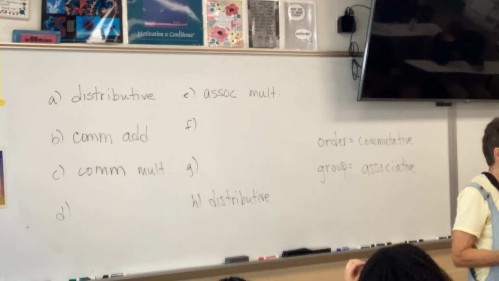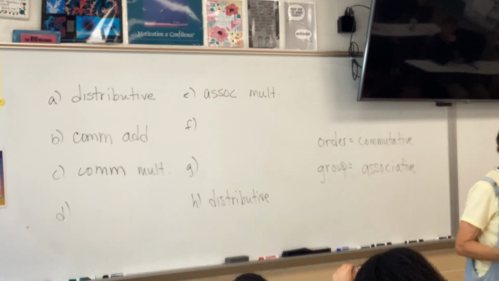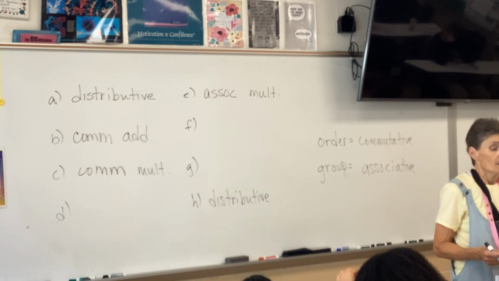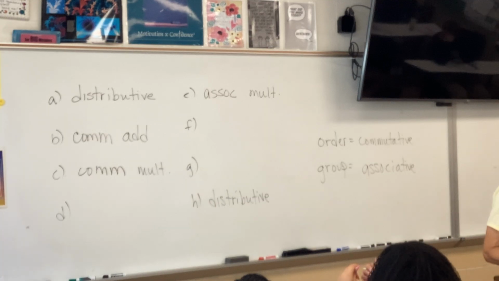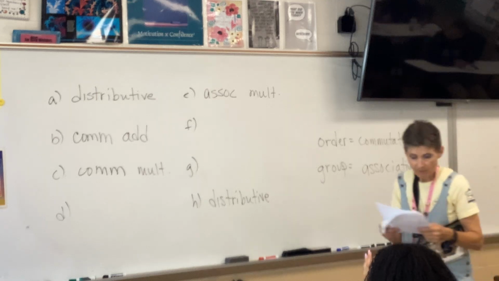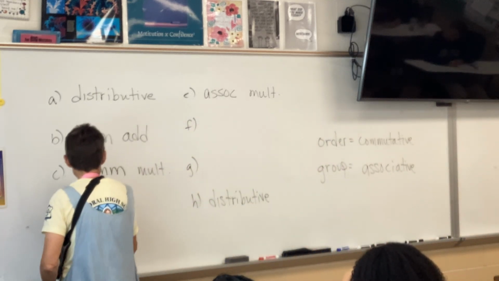Yeah, there is a zero property of multiplication, we call it zero product property. G is not a multiple, so we can't use that. What happens when you add 0 to something? It stays identical. It stays the same. This is called the identity. Number 5 is the additive identity.